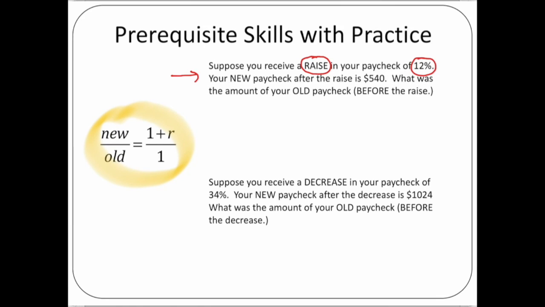With 12% right here, we have to remember that we are going to be using decimals, and when we do decimals, we have to be able to convert back and forth from the percentage that is given.